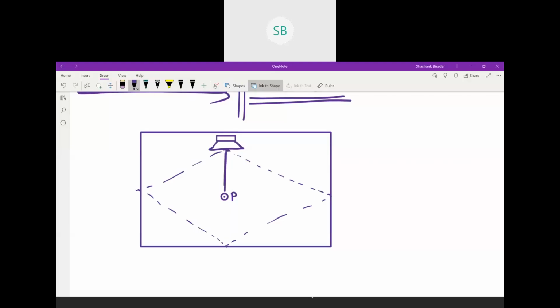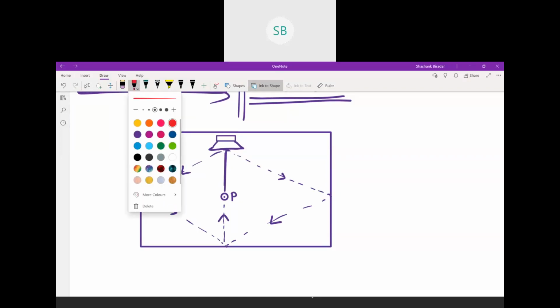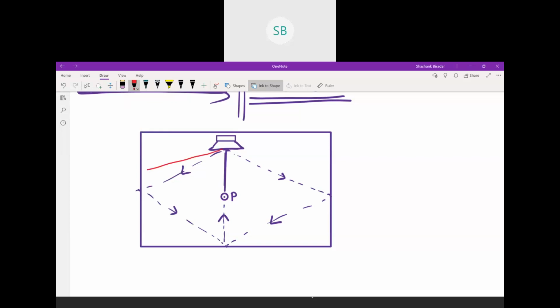Sound can travel in any direction, am I right? So we will just consider some of the paths. Now let me choose another color. Now if you look at point P, there is a listener who is listening to the speaker.